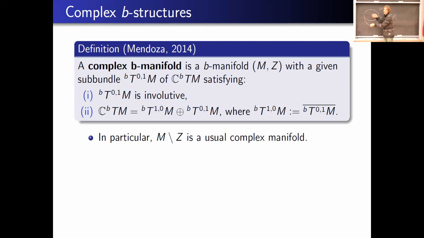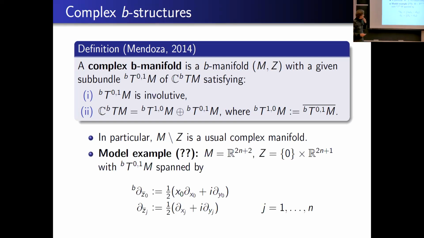That would be another way to set this theory up. There's a specific type of degeneracy that happens to the complex structure when you get towards Z. Sort of logarithmic, maybe I should say the word log more, so I'm not taking sides. But in this talk, B is the name of the game.